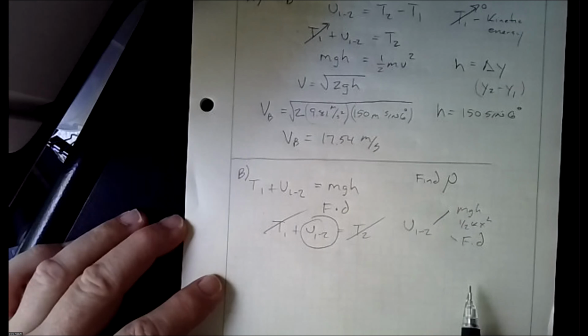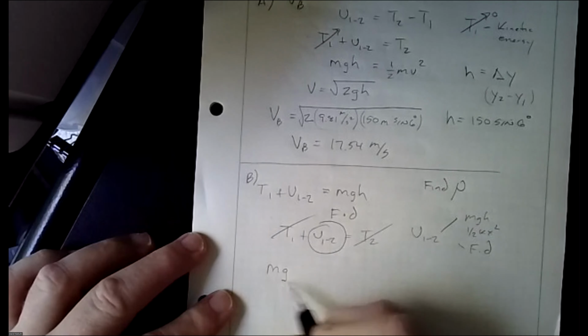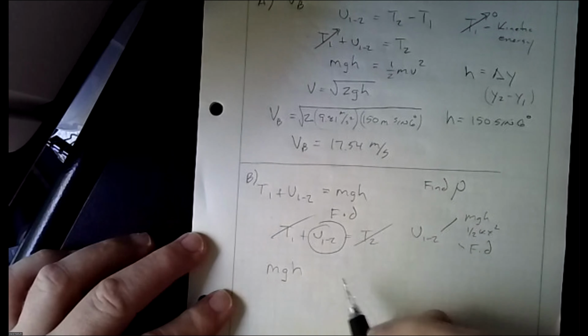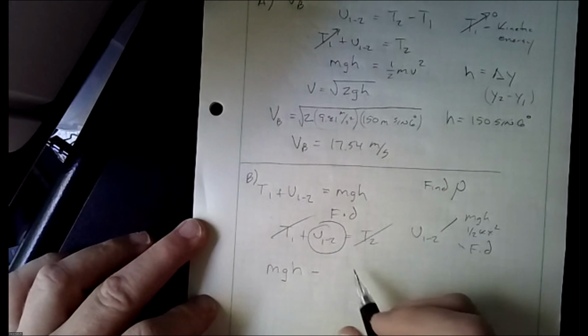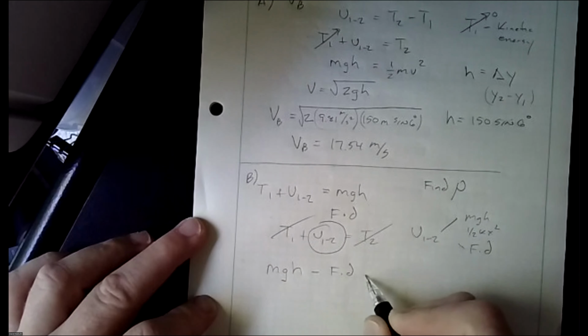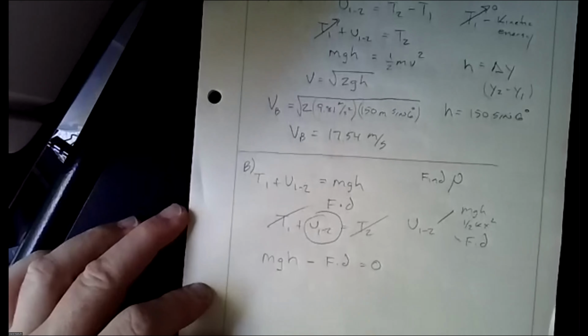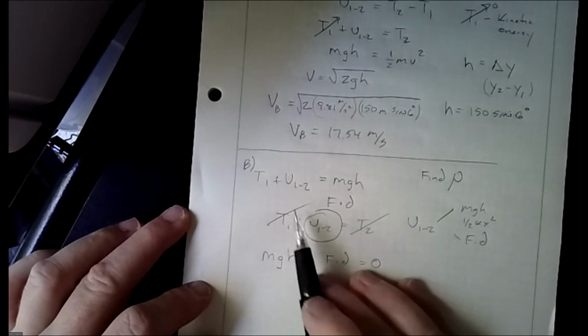We write the mass times gravity times h minus the force times distance equals 0, because that's 0.